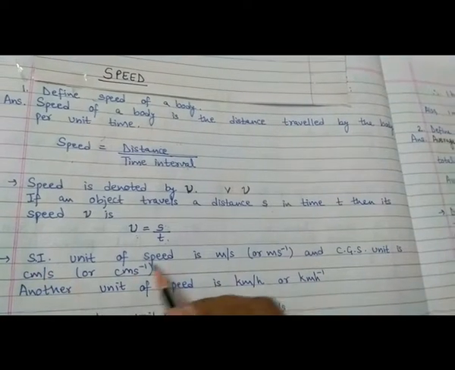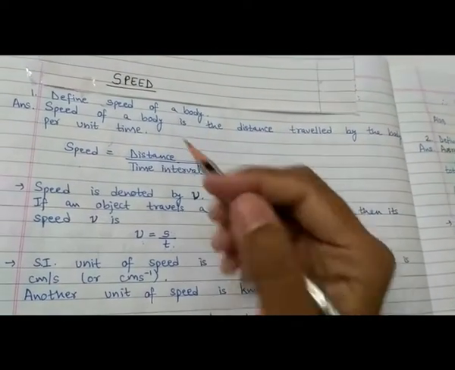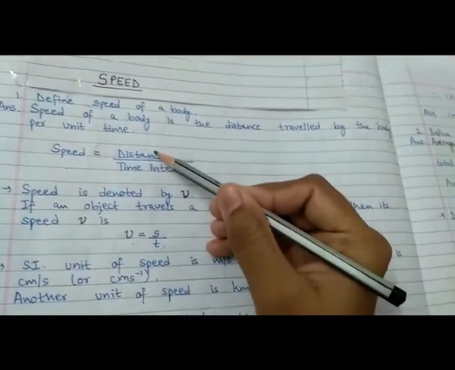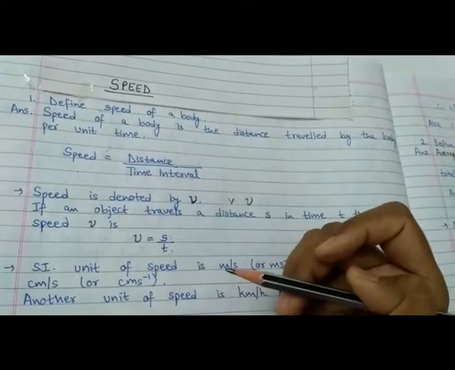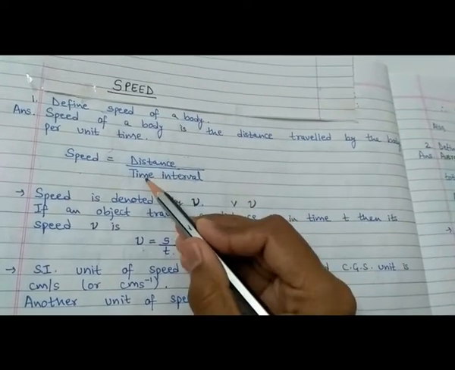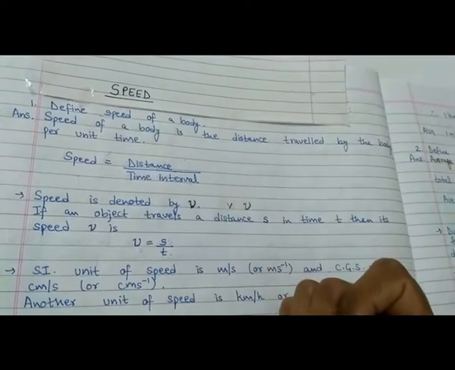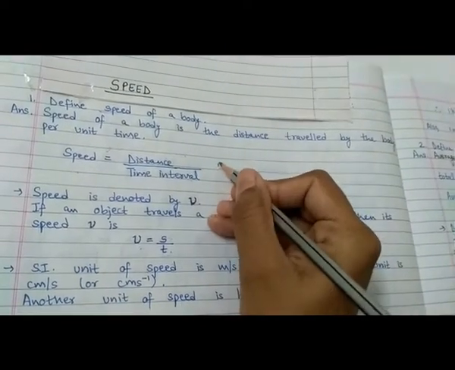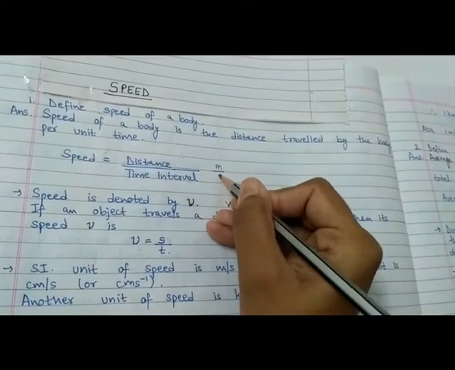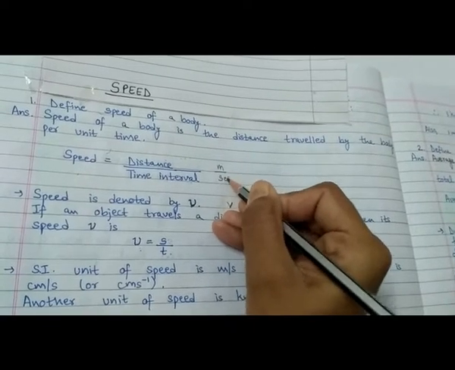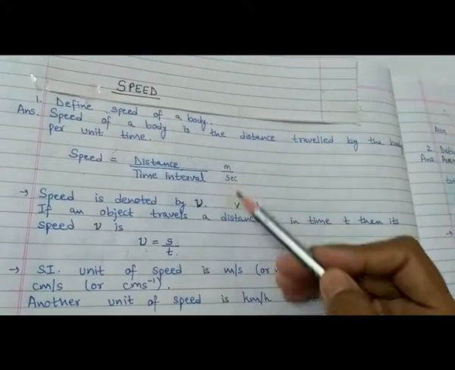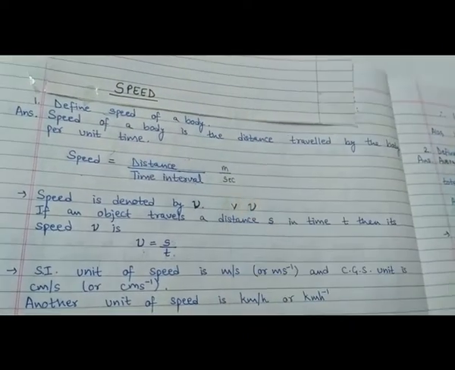Now, what is the SI unit of speed? We know that the SI unit of distance is meter and the SI unit of time is second. So this is in meter and this should be in second. So meter per second.